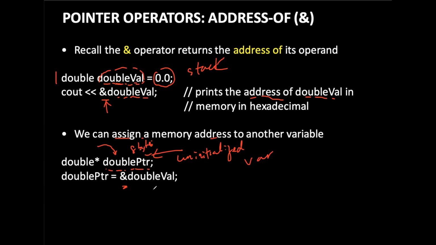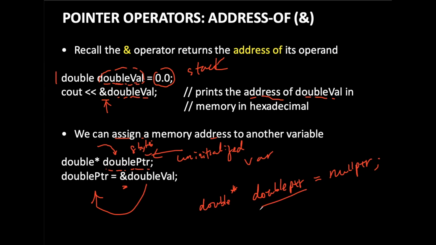Therefore, you can use the ampersand doubleVal and assign that to this double pointer. The assumption is that your double pointer is declared as double star doublePtr, and you probably had it initialized as a null pointer. You can assign the address of doubleVal to it. So this is one example illustrating the use of address-of in the context of pointers.